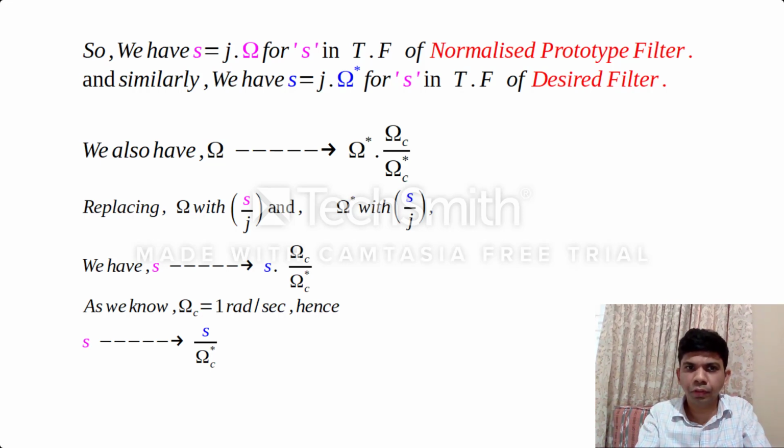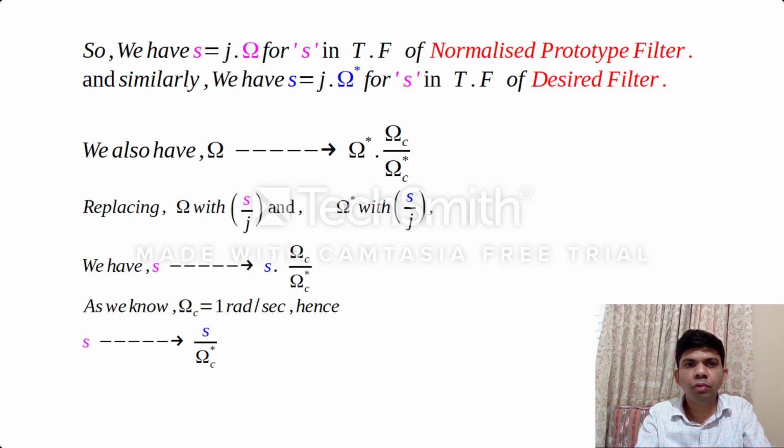So replacing omega by s by j, because s equal to j into omega, so omega is equal to s by j, and similarly replacing omega star by blue color s by j, because s equal to j into omega star, right?